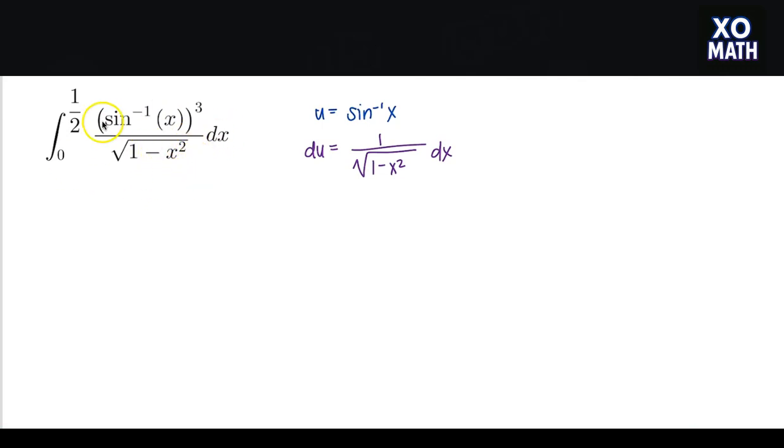Another way to rewrite this original problem to help us see it a little better is to think about this as the integral from 0 to 1/2 of sine inverse of x cubed times 1 over the square root of 1 minus x squared dx. So kind of split it up and think about it as a product.